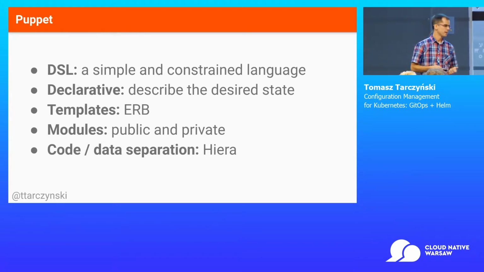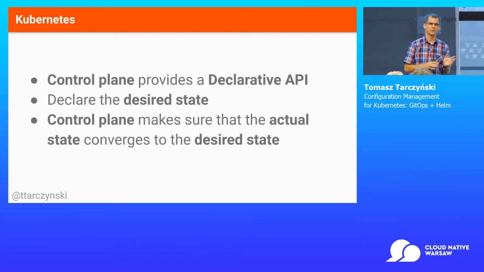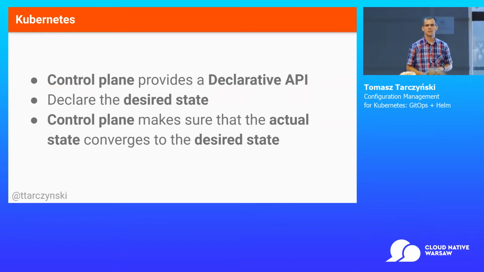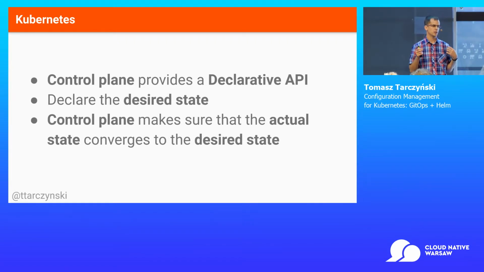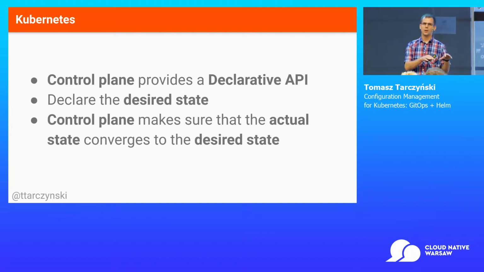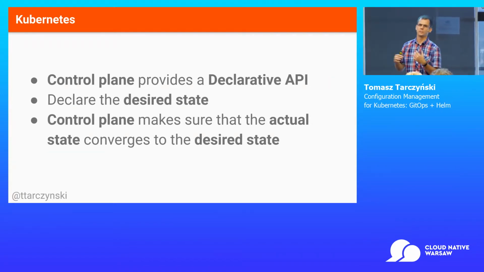And now let's move into Kubernetes. What does Kubernetes change for me when I go to manage the configuration of my systems? First thing is that with Kubernetes, we've got this control plane that provides us a declarative API.